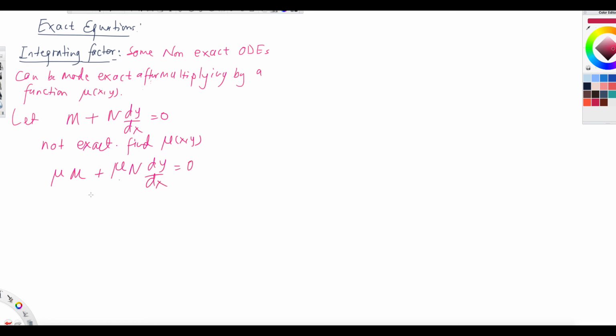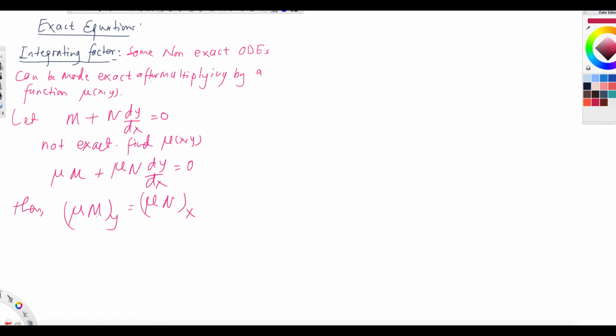If it is exact, then the derivative of this with respect to y and the derivative of this with respect to x must be equal, right? So after you multiply, you get the exact form, meaning that (mu M) sub y equals (mu N) sub x.